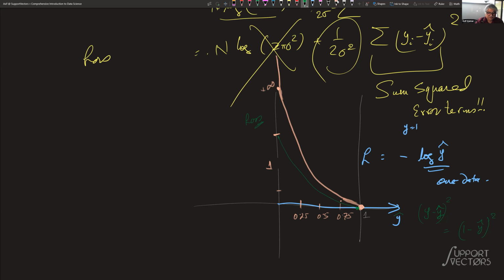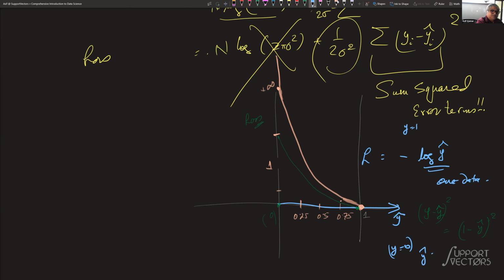You see, whatever your y hat is, remember I'm making an axis of y hat versus loss. Now y hat is a consequence of the parameters changing. That is true, right? But irrespective of that, you notice that losses are much higher for big mistakes. The same is true when y is equal to 0: it will go the other way around.